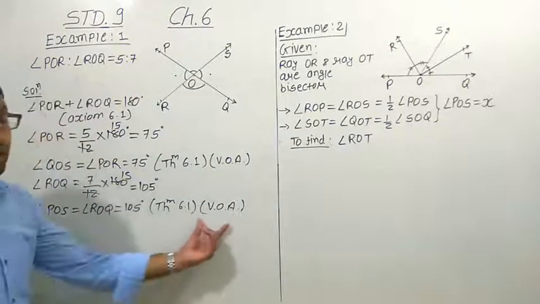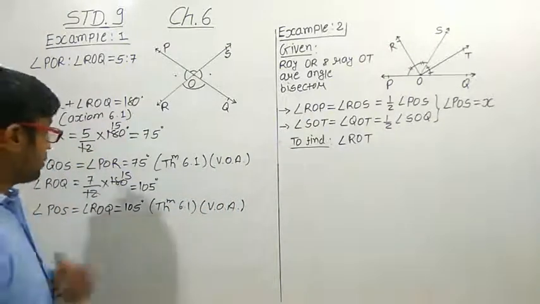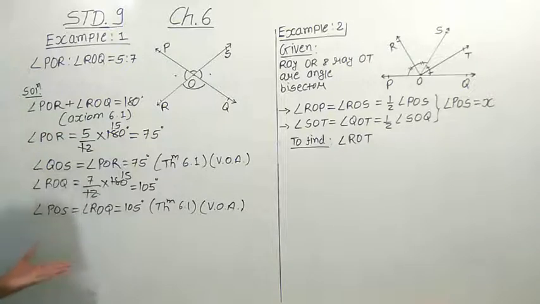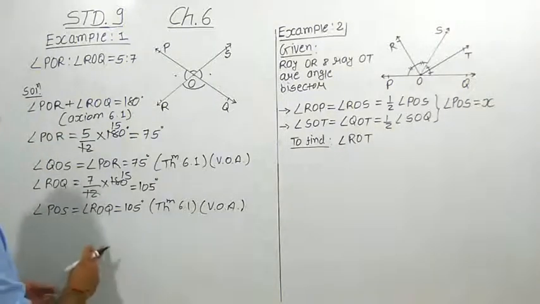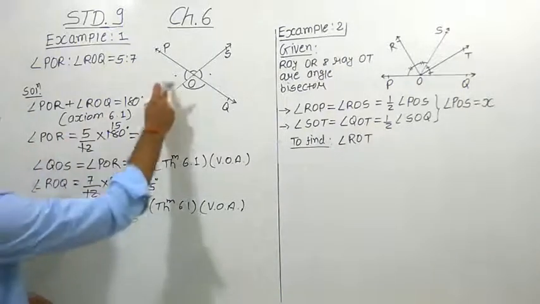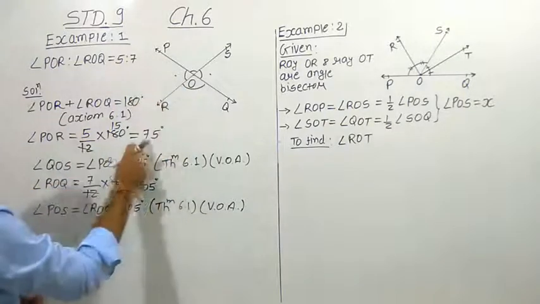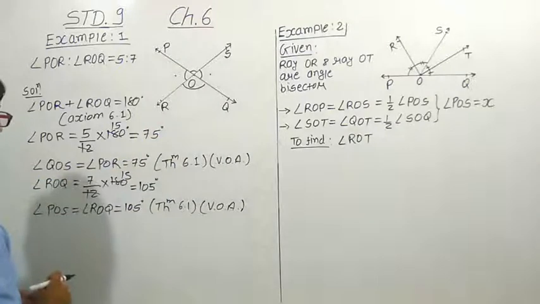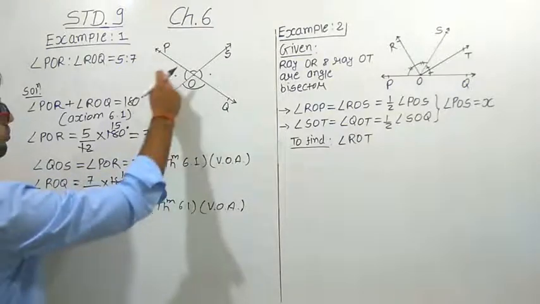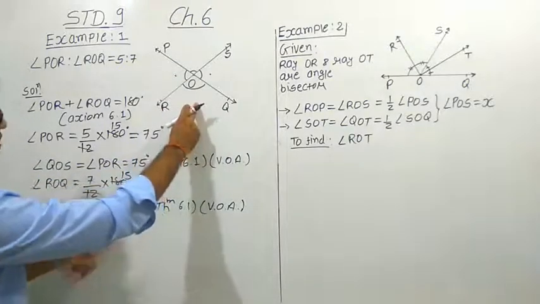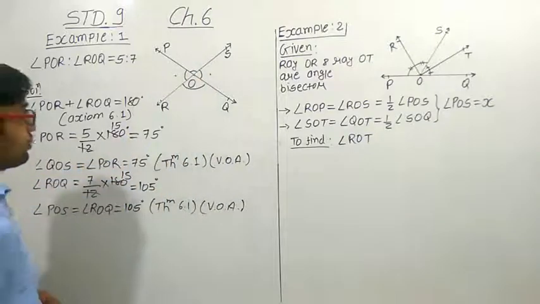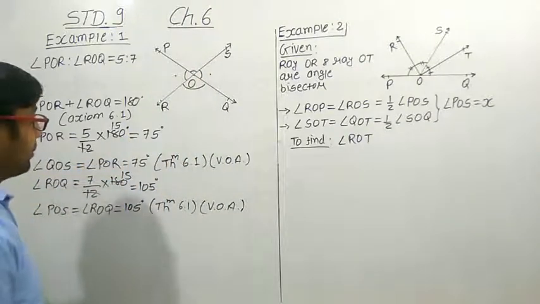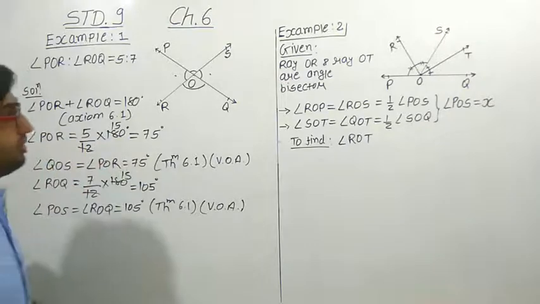This is the property of vertically opposite angles we can use here. So in this way, we find all the four angles: angle POR is 75 degrees, in the same way QOS is also 75 degrees, and now ROQ is 105 degrees and POS is also 105 degrees. Okay, so this is example number 1.